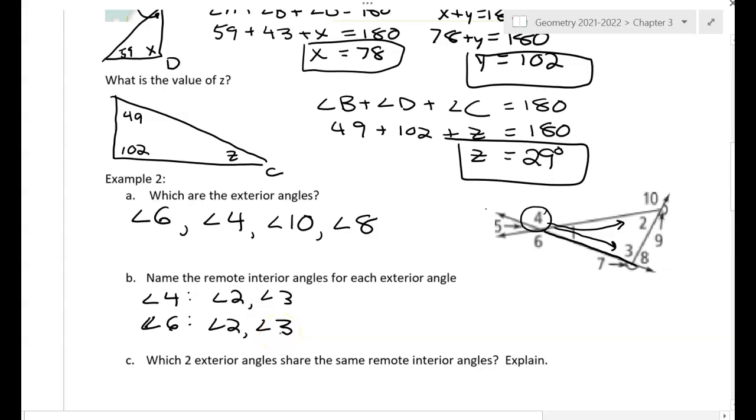The remote interiors for angle 10 are angles 1 and 3. And your remote interiors for angle 8 are angle 1 and angle 2.